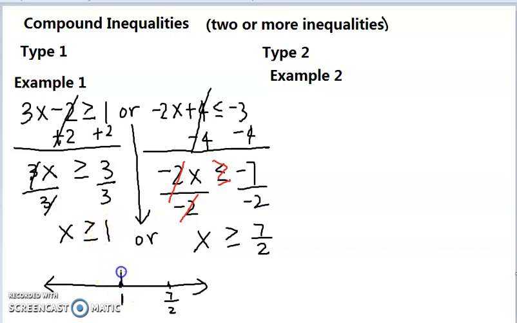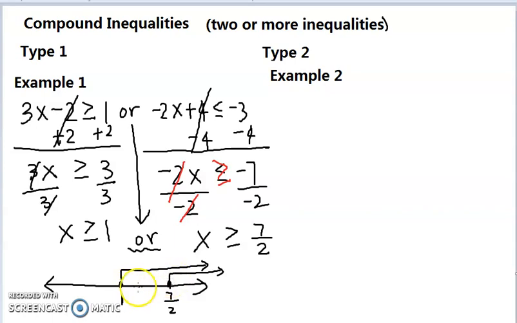So that means we got to shade the numbers on the right side of 1. So all of these numbers here. And x is greater than or equal to 7/2. So that means we're going to start from here and still go to the right. As you can see, because the word is or, it means one or the other.